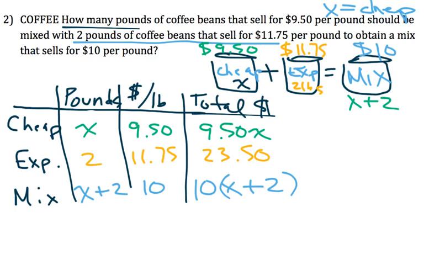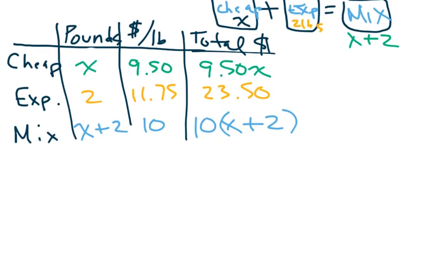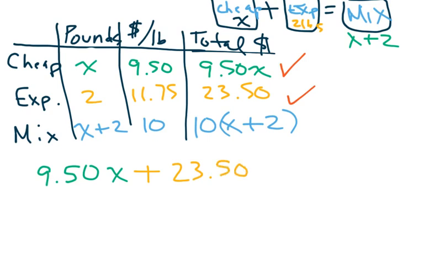And when we go to create an equation from this, we're going to say that 9.50x, so that's the cost that I'm putting in for the cheap coffee, because it's $9.50 for X pounds, plus the cost that I'm getting out of the expensive stuff, which is 2 times $11.75, which is $23.50, is going to be equal to the cost of the whole final deal.